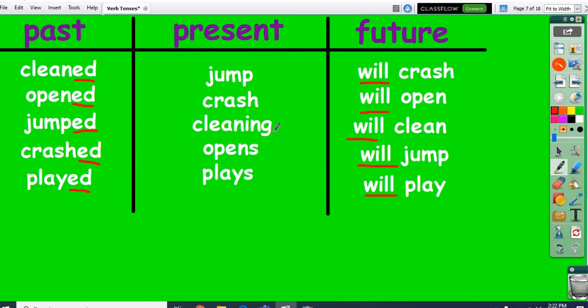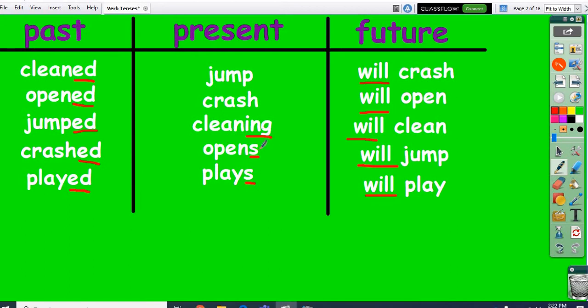And then the present tense, you don't really have to change the verbs too much. A lot of times they would just be normal, with nothing added, like the word jump or the word crash. Sometimes you can put ing on it, like I am cleaning my room or I am talking. You can put ing to show that you're doing it right now. And then sometimes we had to put s's to make them agree, like the boy opens his present.